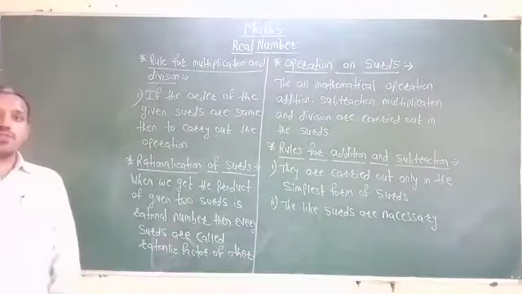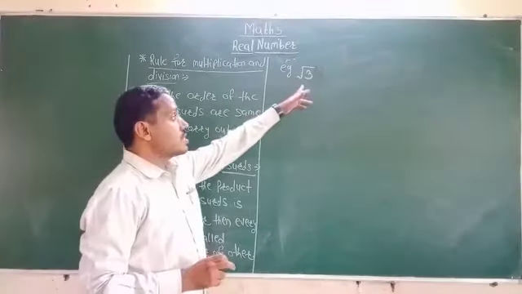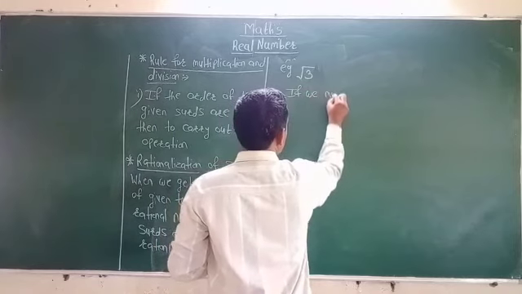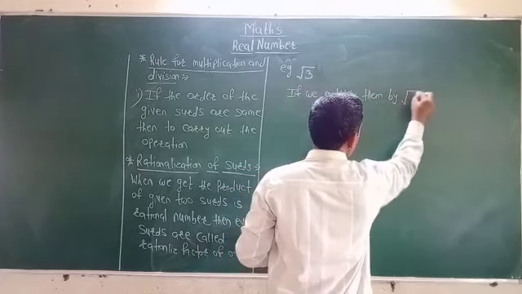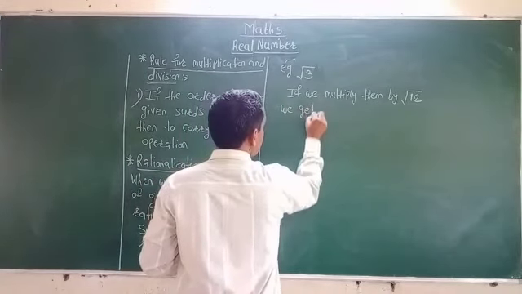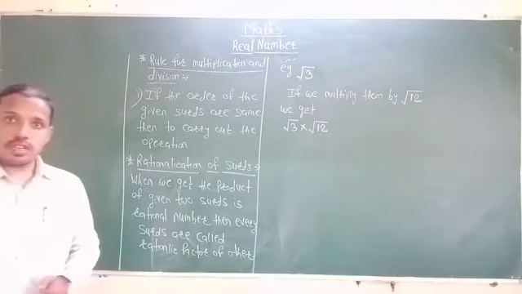Let us take an example. We take the surd root 3, and multiply it by the surd root 12. So we get root 3 into root 12.